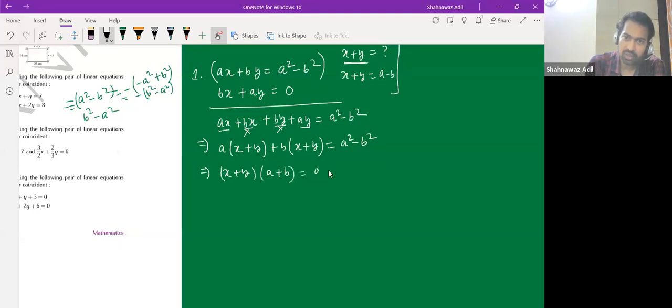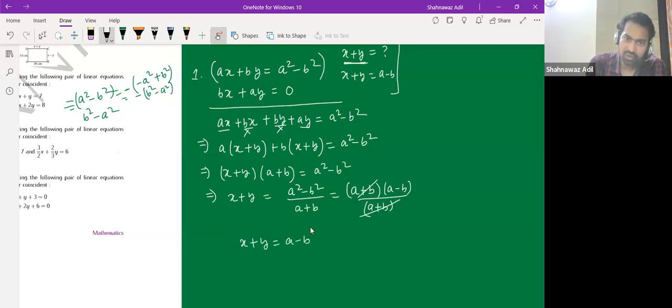So a square minus b square, and as Abir was saying, we use the identity: a plus b times a minus b. This a plus b is cancelled and we are getting x plus y equals a minus b. So we will reach the same answer. This is what you were saying, Hashit. Yes, sir.